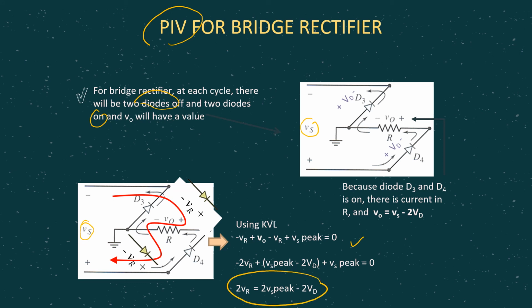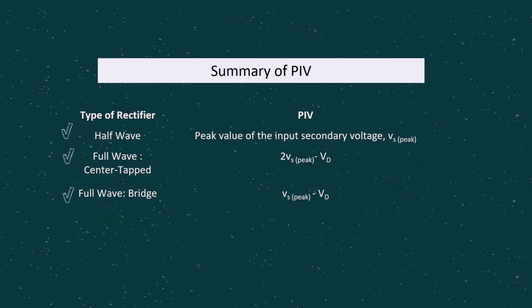So from here we know that VR is actually Vs peak minus Vd for bridge rectifier. This is basically the summary of PIV for all three types of rectifiers: the half wave rectifier that we discussed before, the full wave rectifier, the center tap type, as well as the bridge.